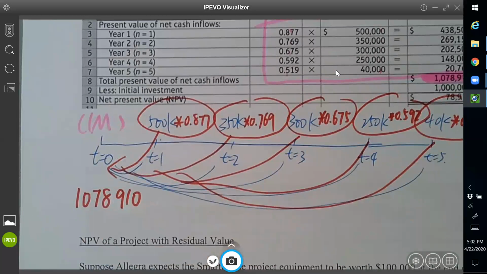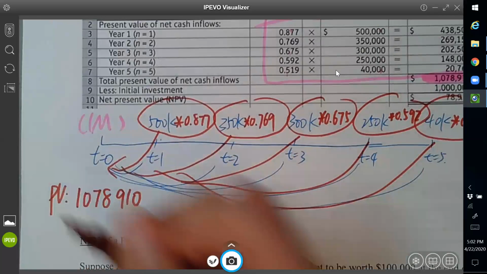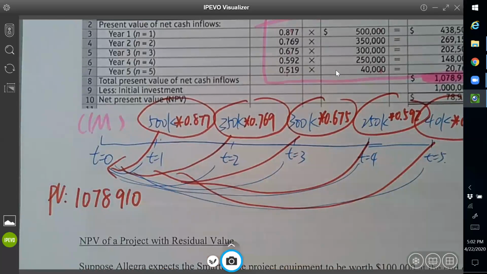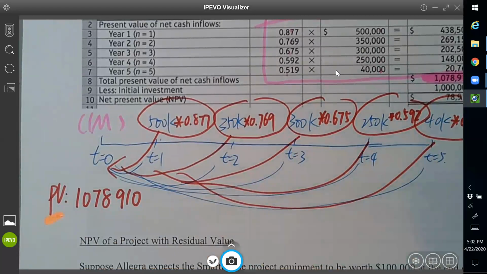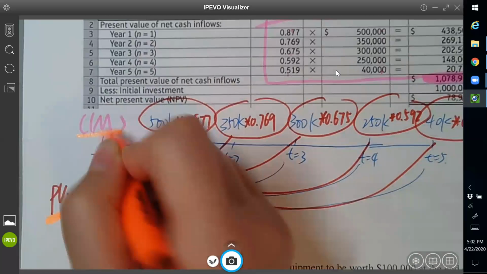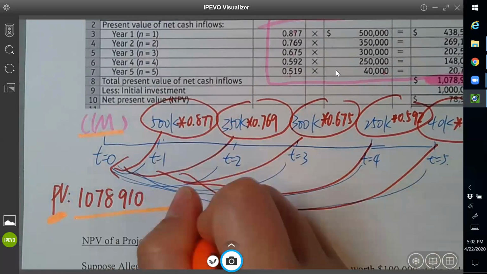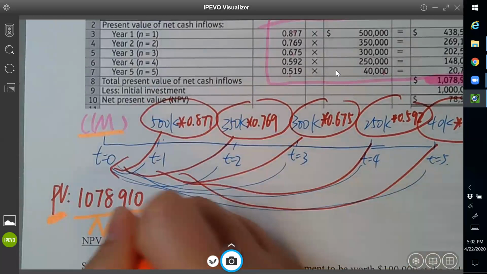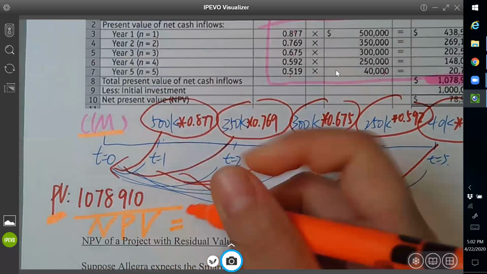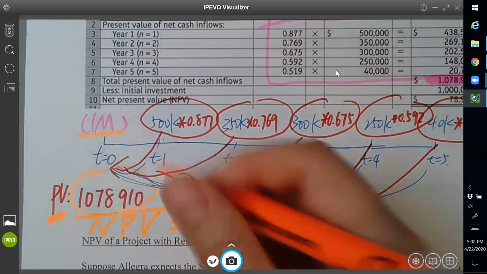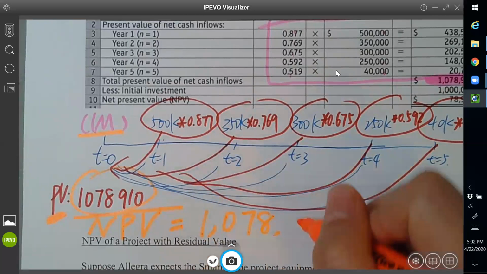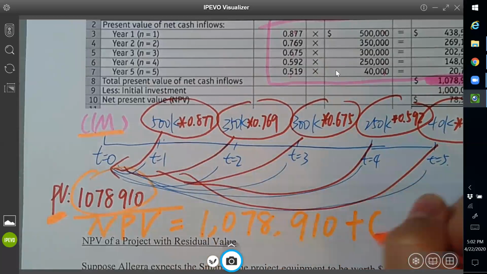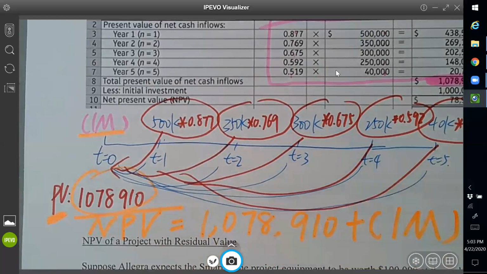Am I done? Yes or no? This is the present value. You should tell me immediately, no, you are not done, because this is just the present value of all the future cash inflow. You have the cash outflow, so our net present value will be our present value 1,078,910 plus the outflow of negative 1 million.